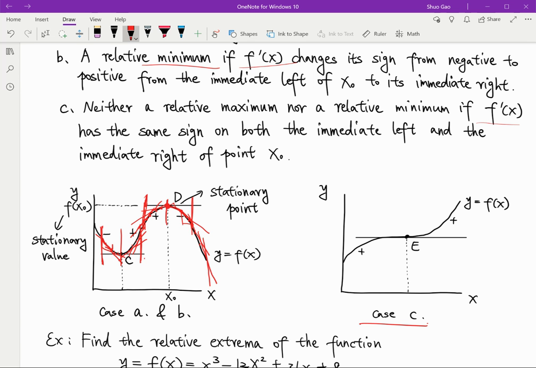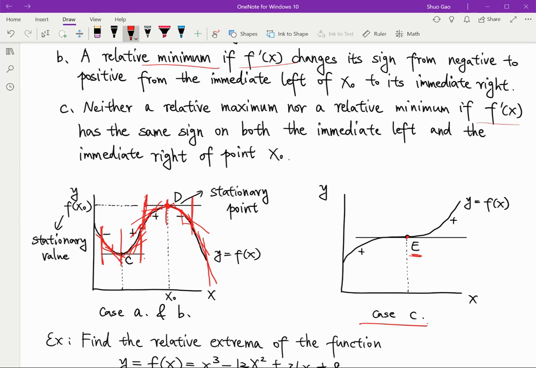Look at the point E. To the left of point E, the slope is positive, and to the right of E, the slope is also positive. But at the point E, the slope equals 0.